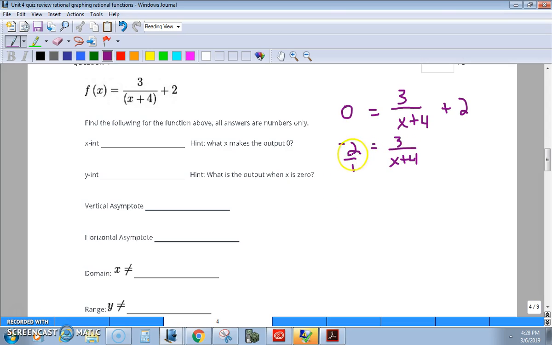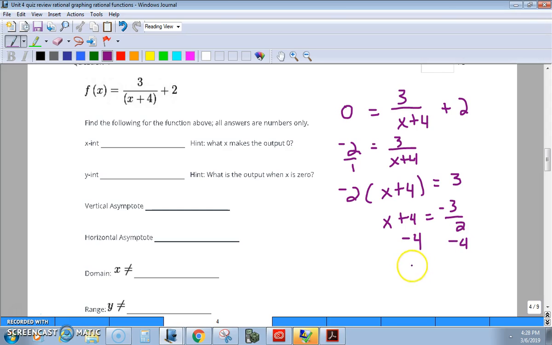So here I have negative 2 times x plus 4 equals 3 times 1, which is just 3. Divide both sides by negative 2, and I get negative 3 over 2. Then subtract 4.